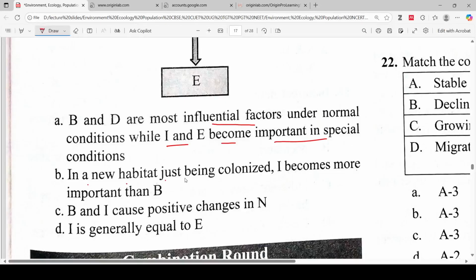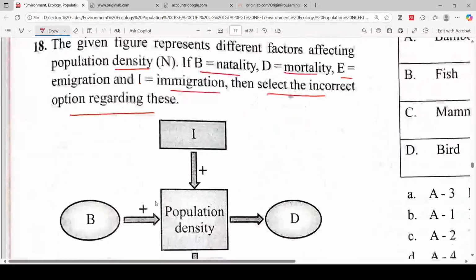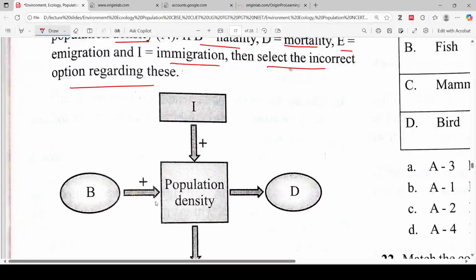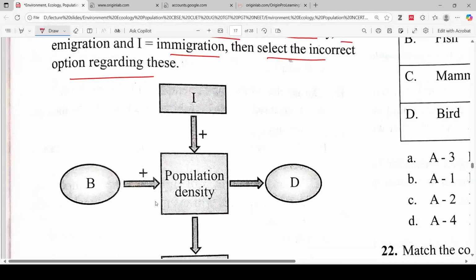In a new habitat just being colonized, I becomes more important than B. B and I cause positive changes in N. I is generally equal to E. So the correct answer is option.